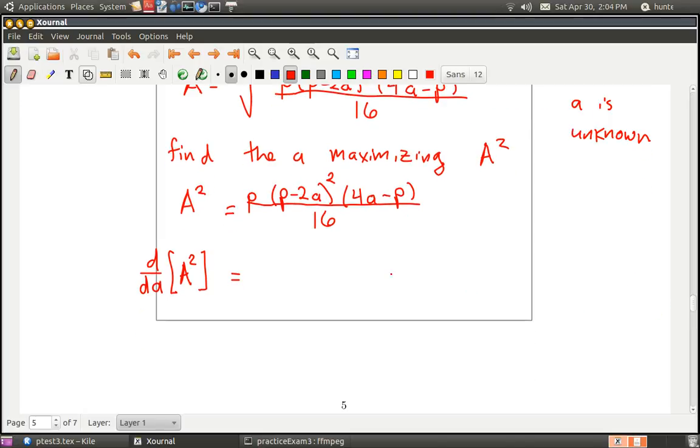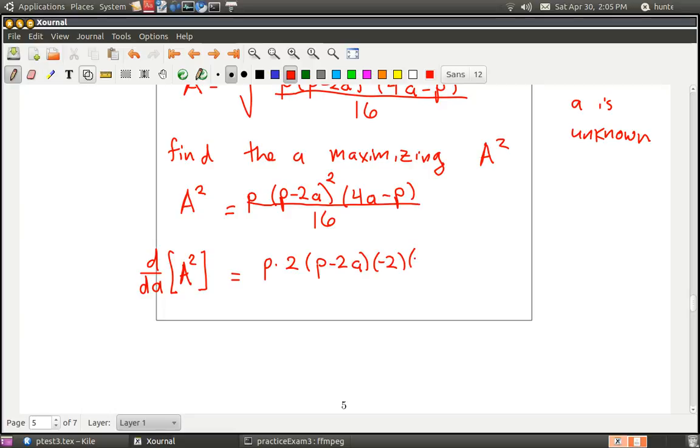So now I take the derivative, so that gives me P times 2 times P minus 2A, and then a negative 2 pops out from that first part by the chain rule.